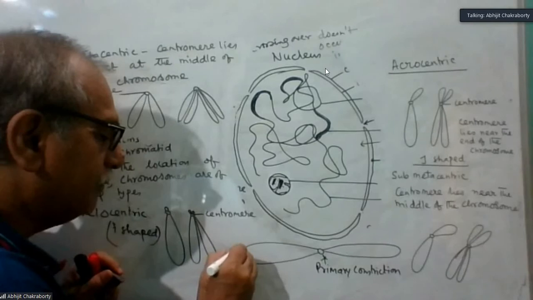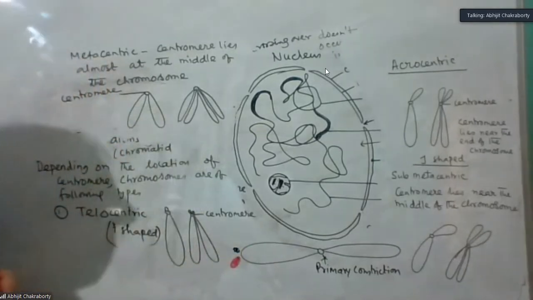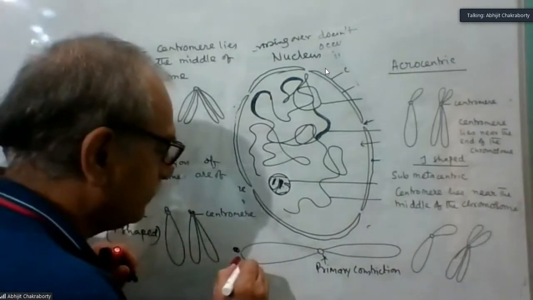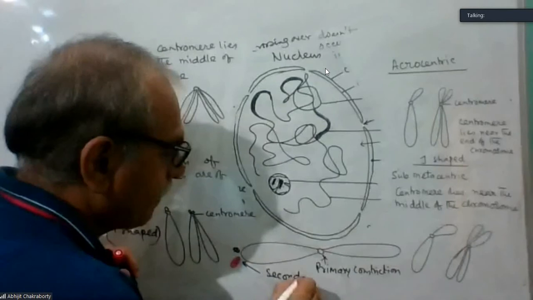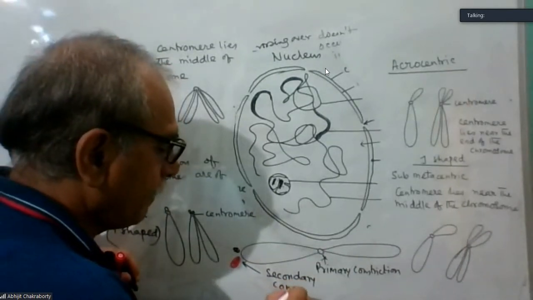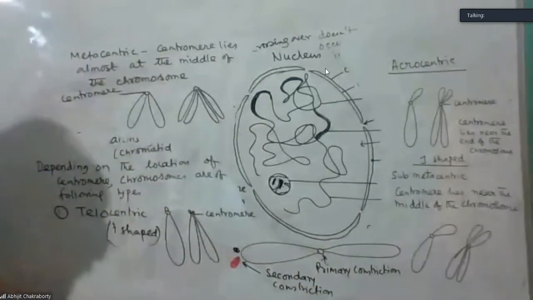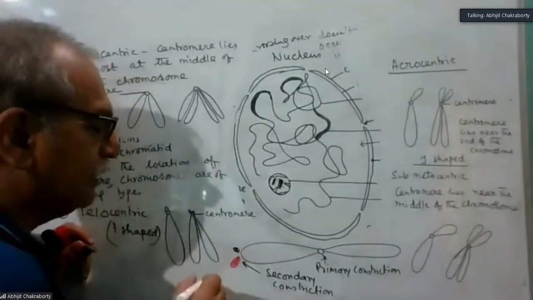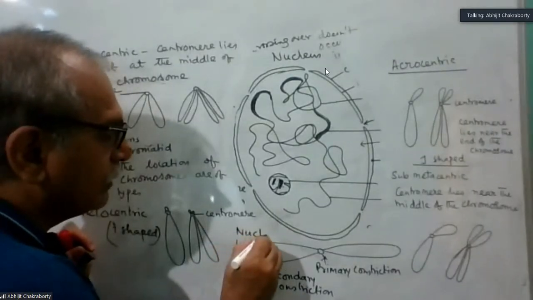But in some, when a nucleolar organizer is there, a secondary constriction is developed, and this secondary constriction is produced by the nucleolar organizer.